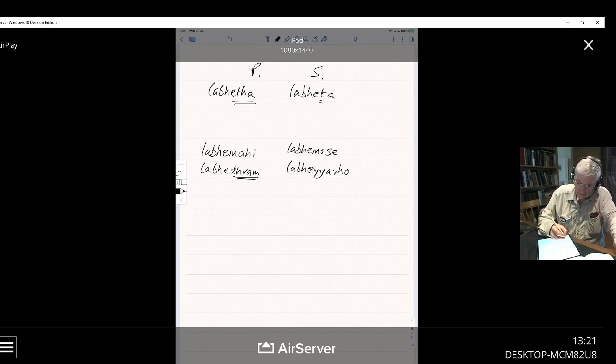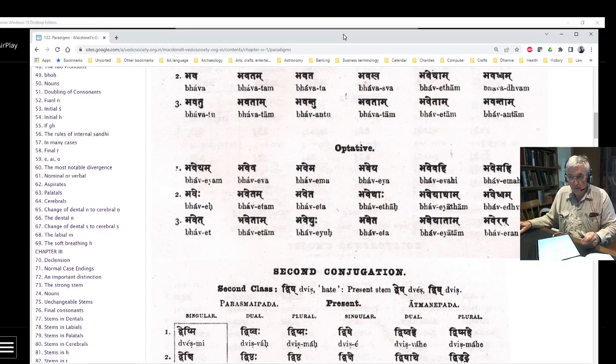And finally, if you look at the optative, atmanepada, third person plural, bhaveran in Sanskrit. Those of you who are familiar with the dental n becoming a retroflex n after an r, why isn't it retroflex? The answer is if the n is the last consonant in the word, then it will remain dental.